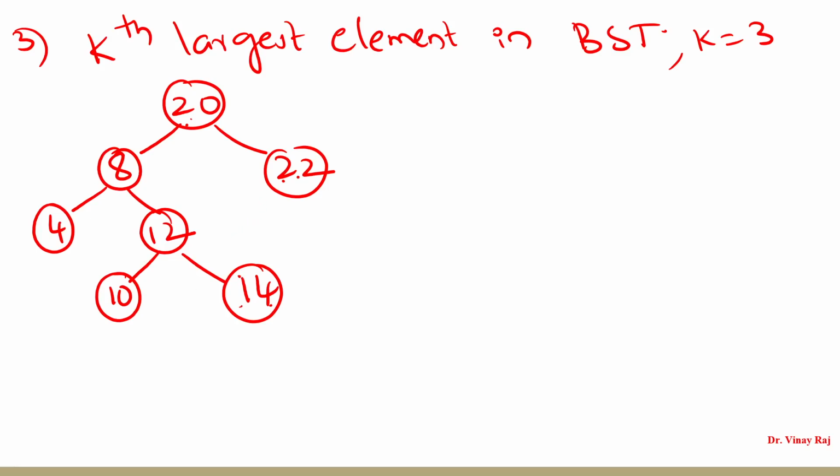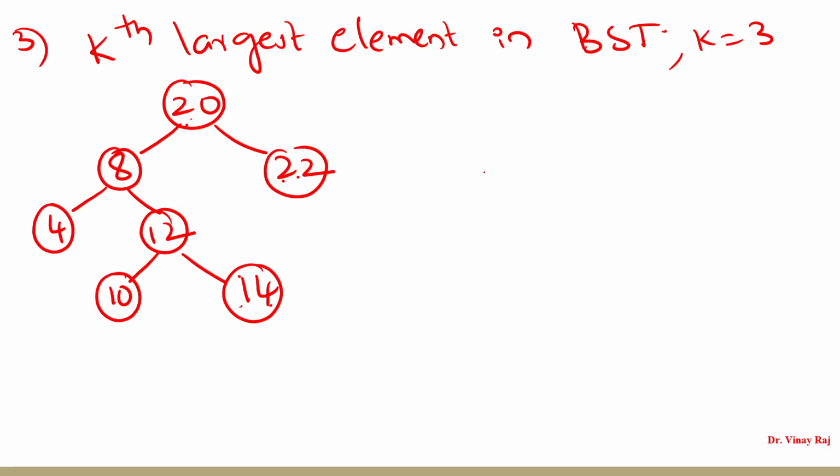So how do you find out the largest element? Largest of all the elements, it's very easy. Rightmost side, right skew tree. You go right side, right side, right side. The last element is the largest. But third largest, second largest, how do you find it out here? Okay, so just think of the solution, how we can find the kth largest element. Can we use some other data structure?